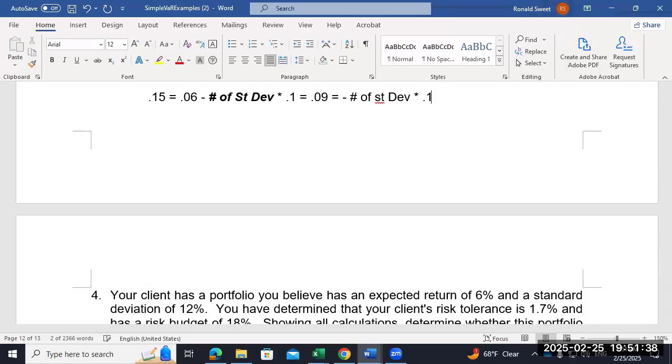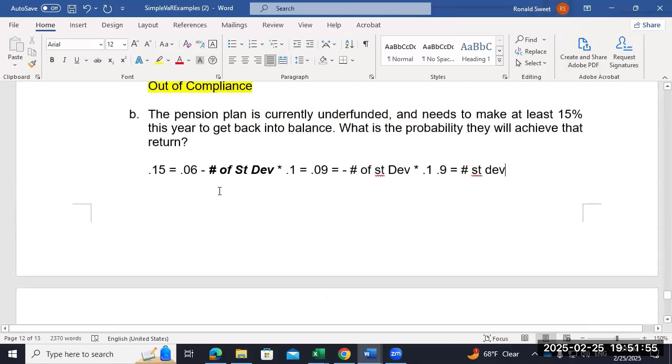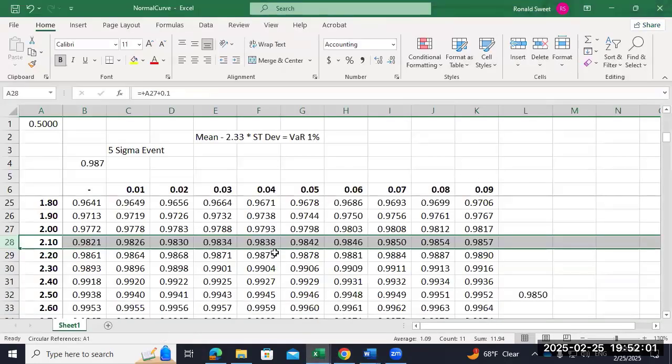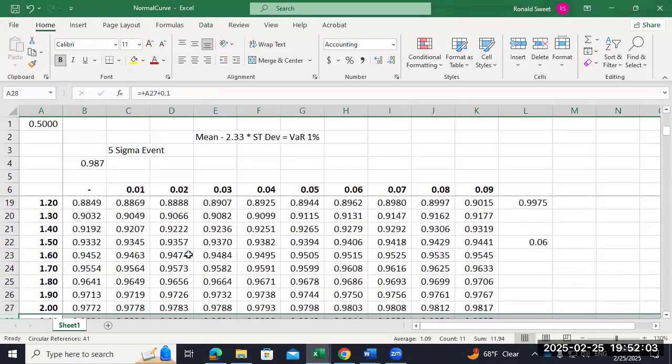So you divide both sides by 0.1, you get 0.9 equals the number of standard deviations. And then you find the point. Well, 0.9 is actually what you're looking for, right?